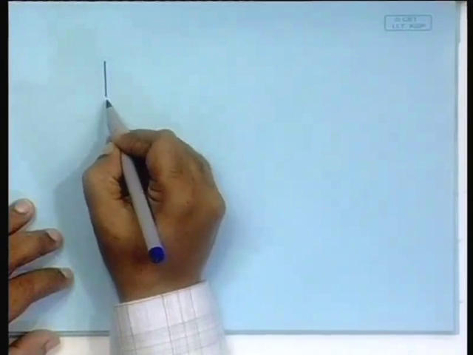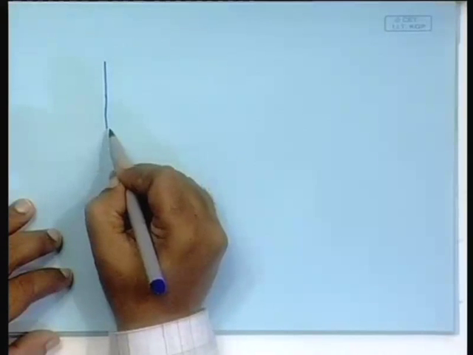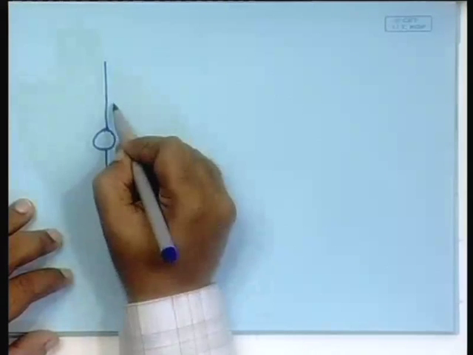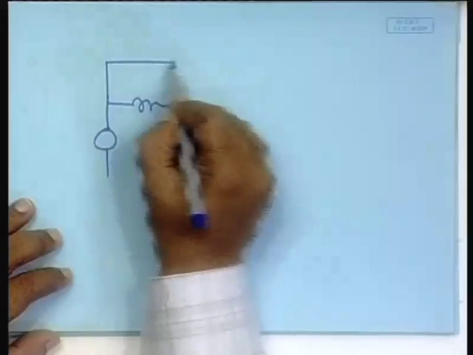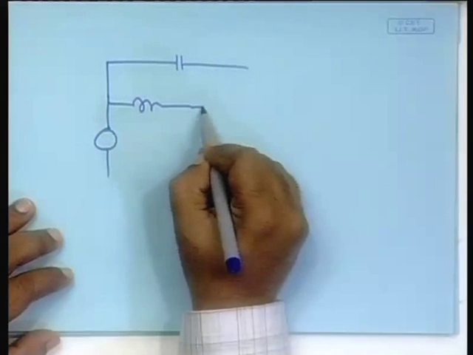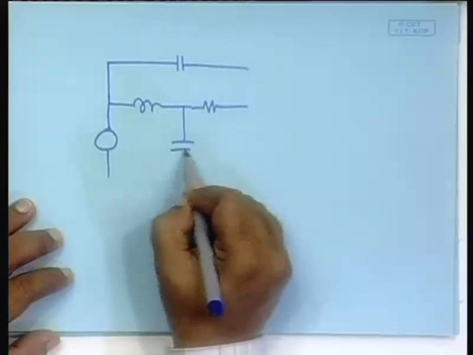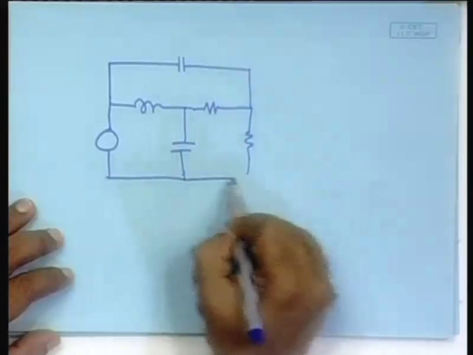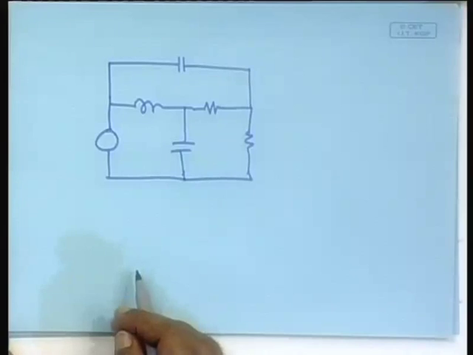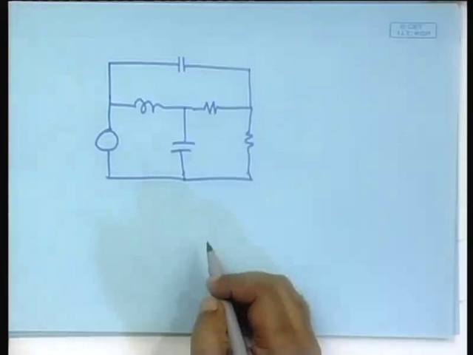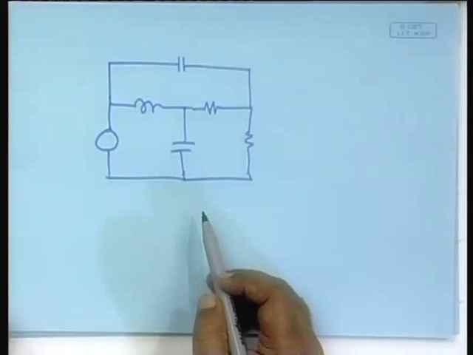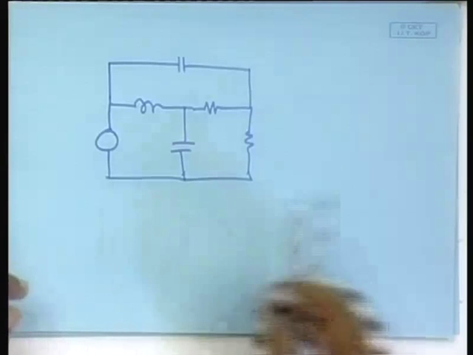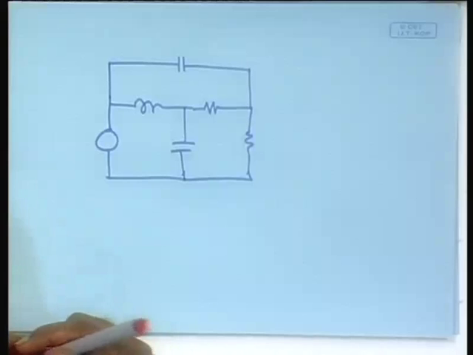So, suppose you have a circuit something like this. What are the loops? Well, I can easily identify many loops.